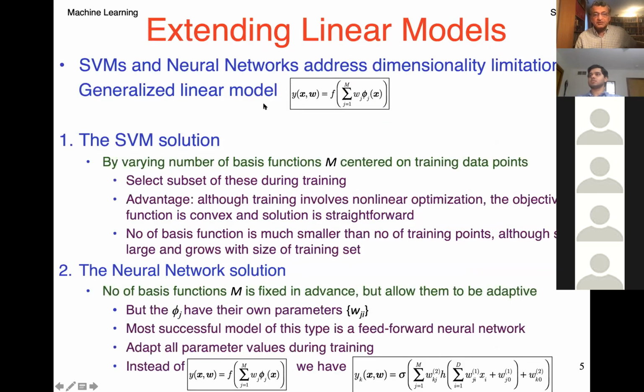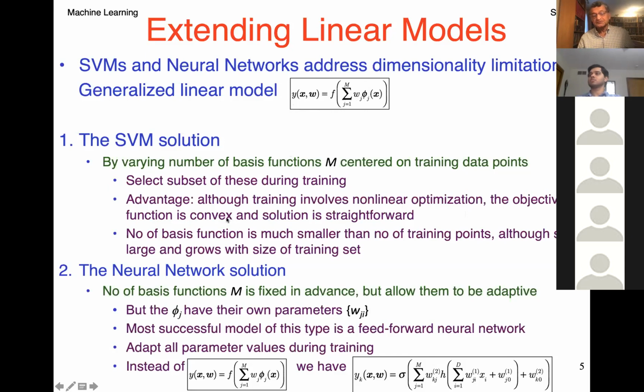So SVMs and neural networks address the dimensionality limitation, and we refer to this as a generalized linear model. The SVM solution is to vary the number of basis functions m centered on these training points. Select a subset of these during training, and the advantage is that although this involves nonlinear optimization, the objective function is convex.